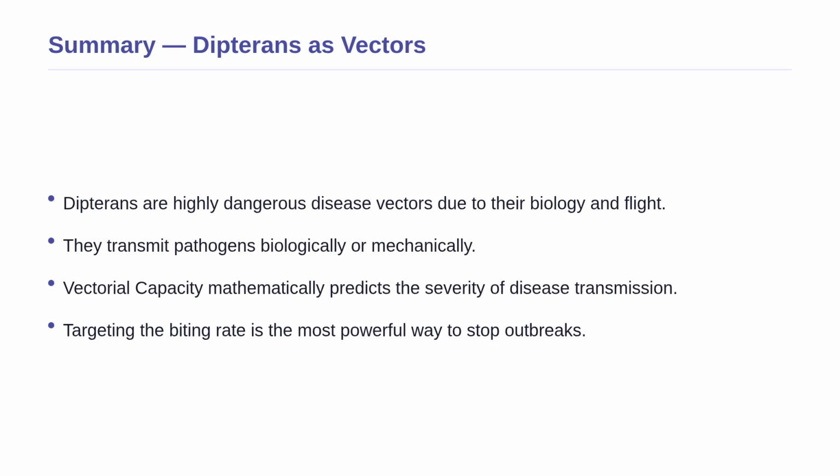Third, and most importantly, we discovered that by applying mathematical models like vectorial capacity, we can pinpoint the exact weaknesses in their transmission cycle. We proved mathematically that targeting the biting rate with tools like bed nets is incredibly powerful.